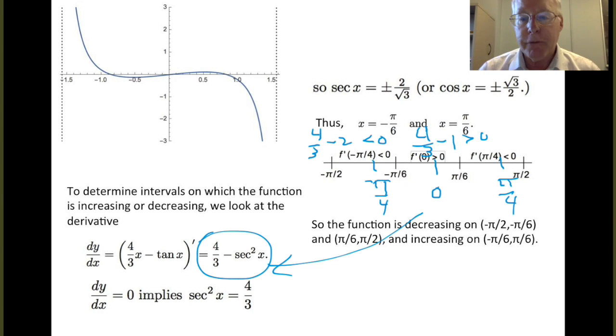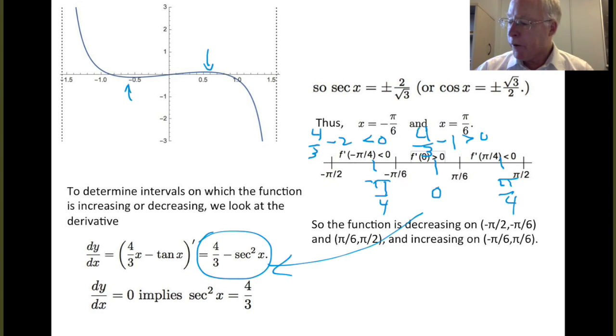So this shows us the function is decreasing on the two intervals from minus pi over 2 to minus pi over 6 and pi over 6 to pi over 2. It increases on the interval that goes from minus pi over 6 to pi over 6. And so that really nails down these turning points, where the function changes from decreasing to increasing and increasing to decreasing.